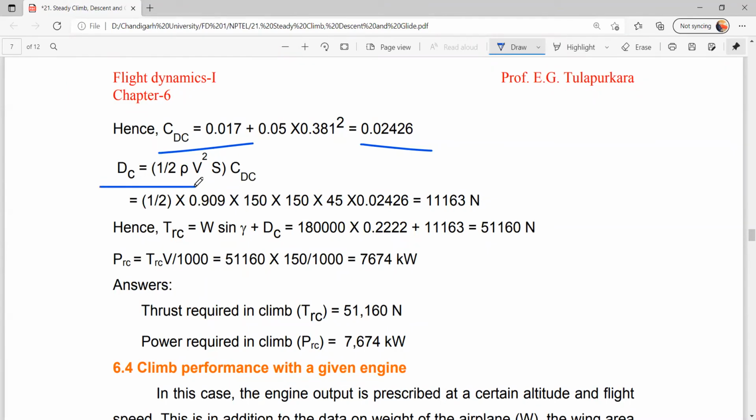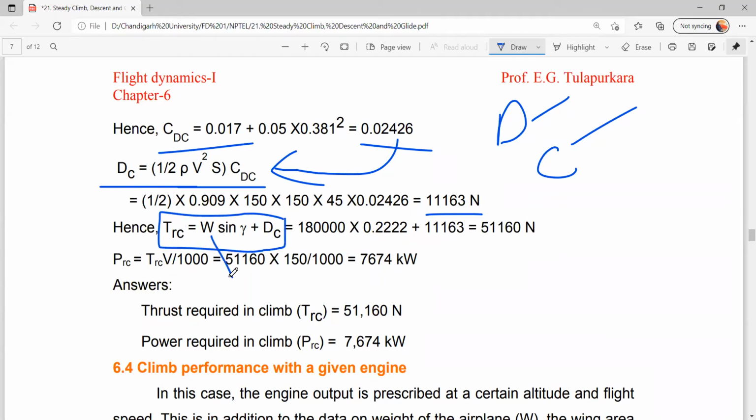So drag force is determined with half rho V square S CD. Substitute the CD value here. So drag during climb, DC, is 11,163 Newton.